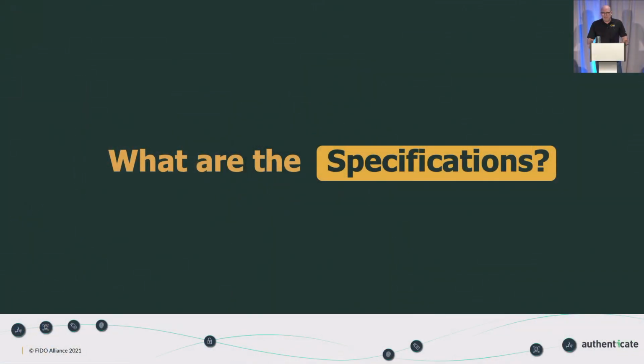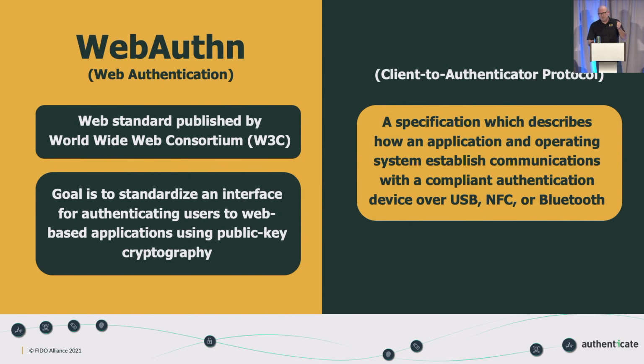So what are the specifications? There are two core specifications that comprise what we mean when we say FIDO2. The first is called WebAuthn, or Web Authentication. This is a specification that was originally created in the FIDO Alliance, but then contributed some years ago to the W3C.